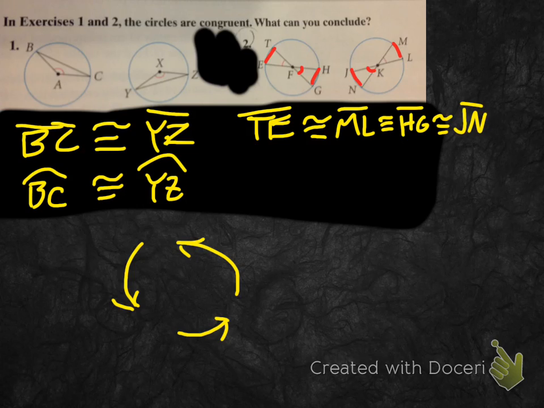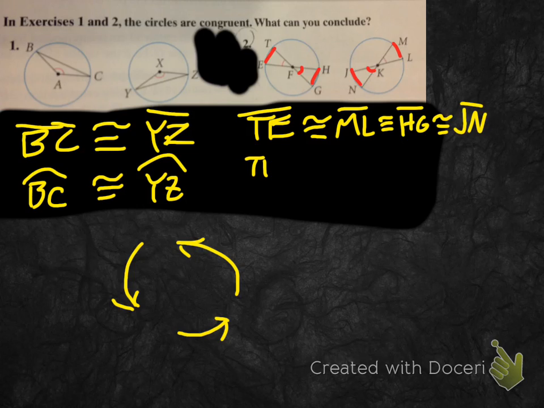We can then say the same thing about the arcs themselves. So we have arc TH. Oh, not TH. What am I talking about? TH is over here. I apologize. Which we can get to later. You could also conclude those things later, but for now, not super important. So let me back up here.